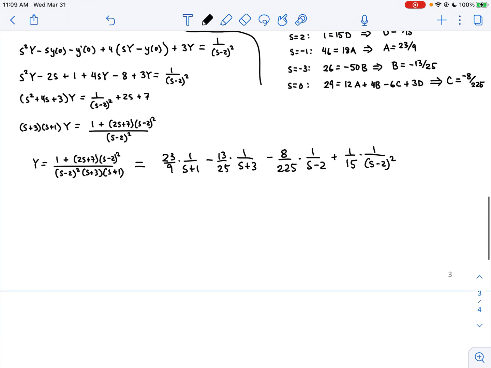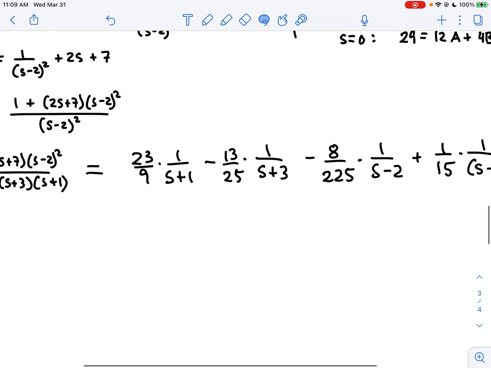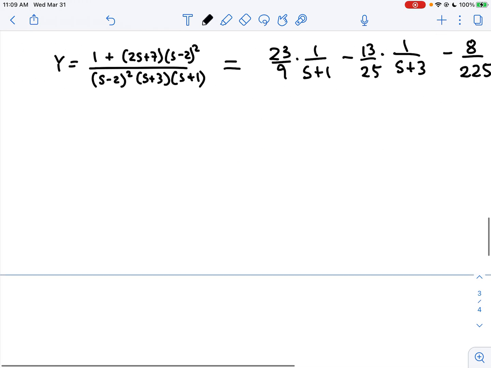Okay, so here's our capital Y function. Now we want to be able to do the inverse Laplace transforms. This is a 1 over s minus a situation where a is negative 1. So our table suggests that the inverse Laplace transform of 1 over s plus 1 is e to the negative t. So let's go to little y now as our solution.